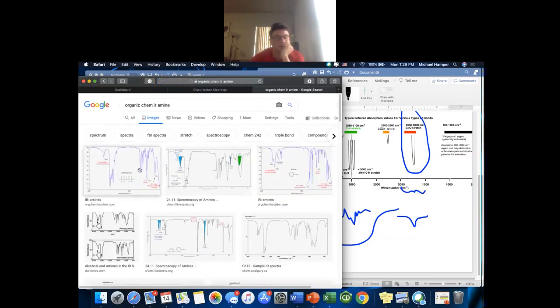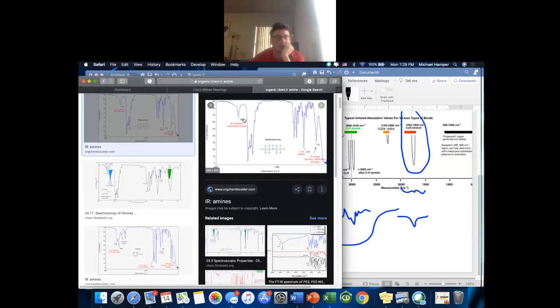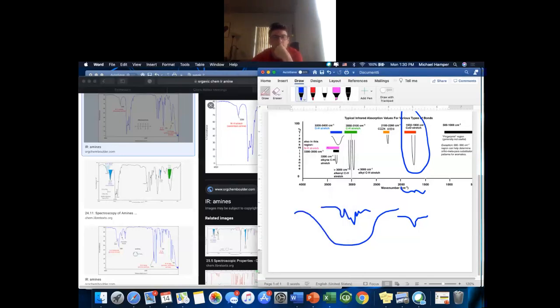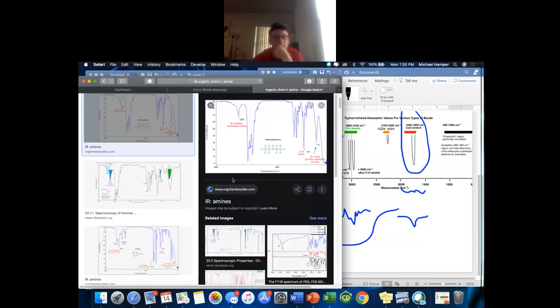Like I was saying before, if it's not a complex amine, if it's just a simple amine, you're going to see a smaller, tooth-like peak above 3,000, which is indicative of an amine.